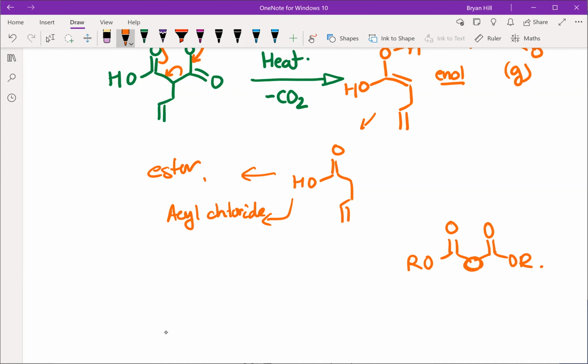So esters can be converted into a whole number of different things. As I said before, you can convert them into carboxylic acids, which can be converted into more. So there's lots of functional group interconversions associated with the esters themselves. So yeah, the malonate is a really fascinating little functional group.